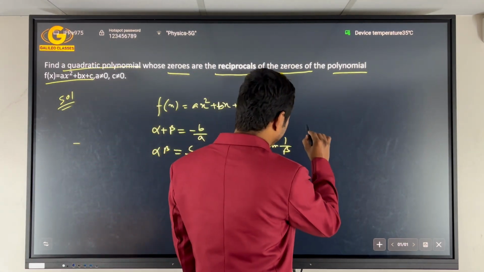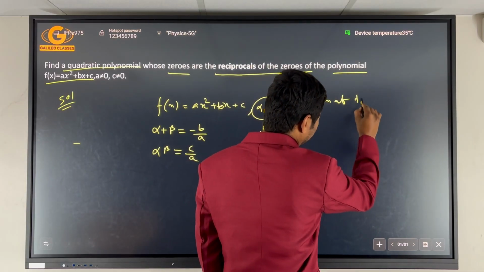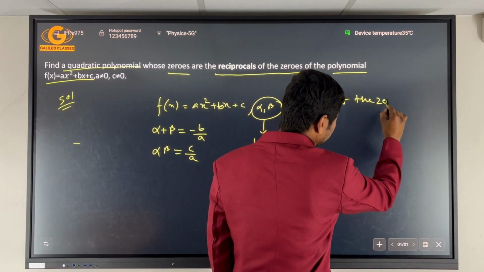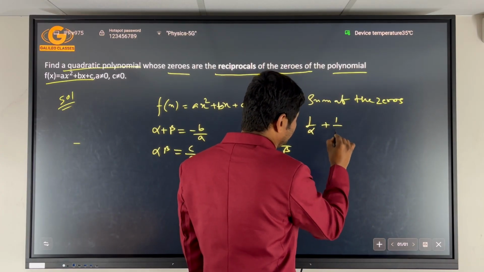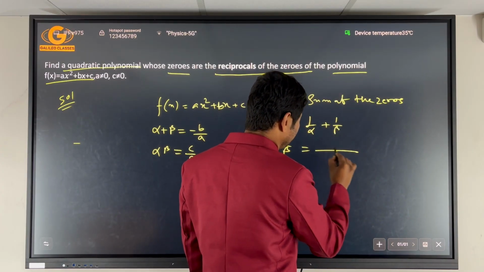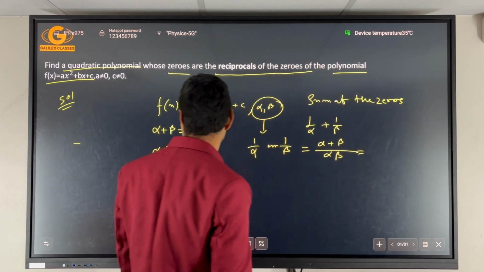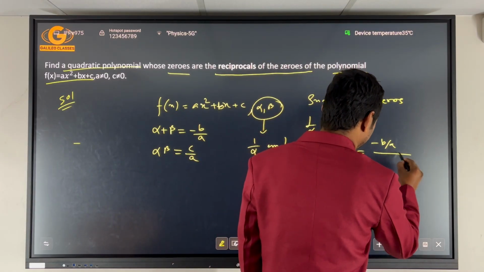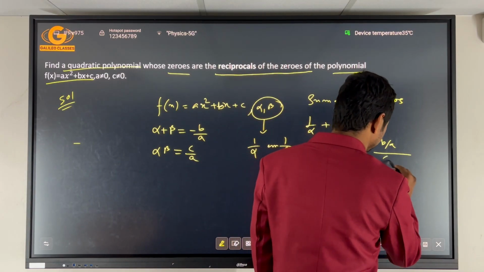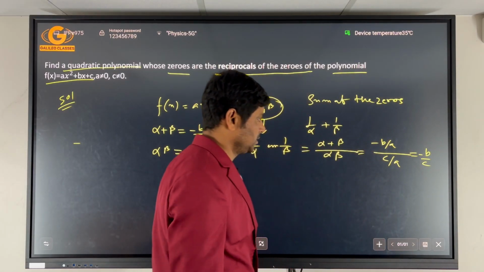So now find sum of the zeros, 1 by alpha plus 1 by beta. It will be alpha plus beta by alpha into beta. Putting the value of this, minus b by a by c by a, then it will be minus b by c.